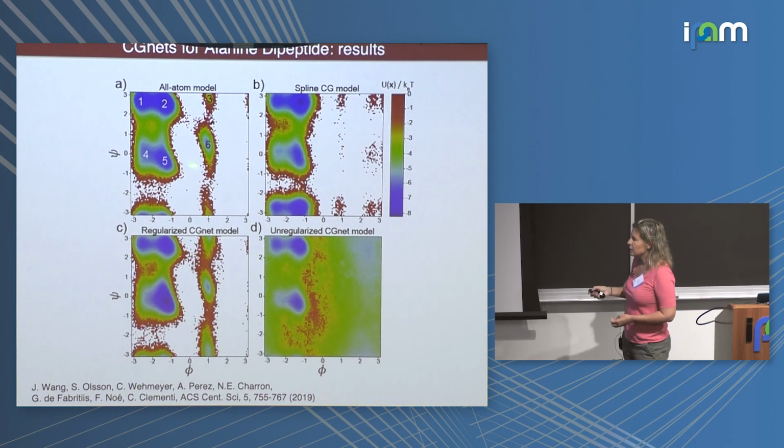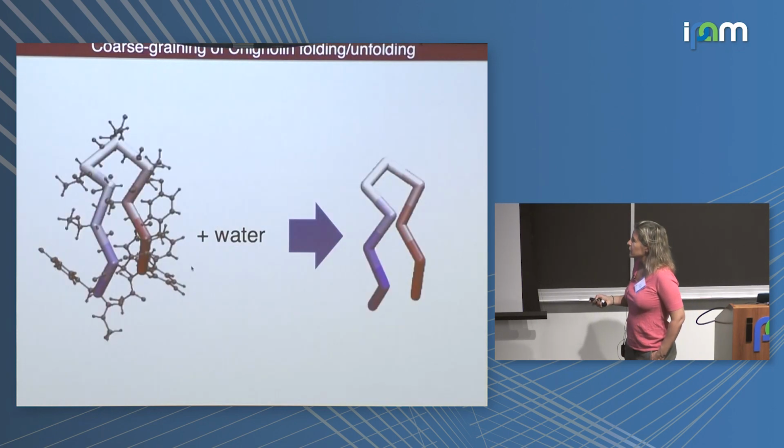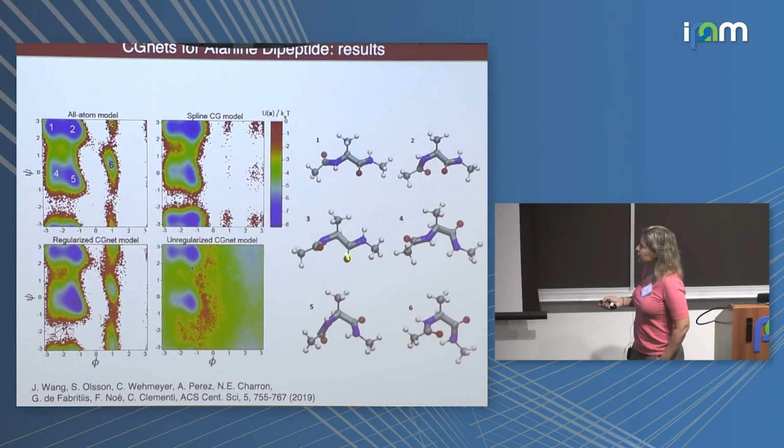And if you do molecular dynamics, this is obtained doing molecular dynamics simulations with the coarse-grained energy. So we can simulate the system with the coarse-grained energy and reproduce the same free energy. And if we take samples of structures from these different minima, 1, 2, 3, 4, 5, 6, in this coarse-grained representation, and we overlap them with the alanine dipeptide representation, they are identical. So really, we sample from the same distribution.